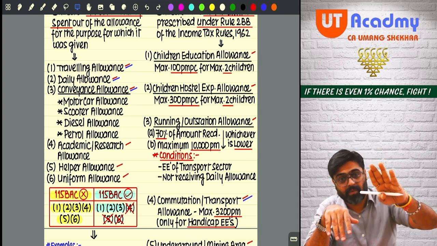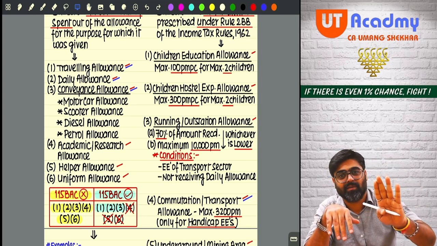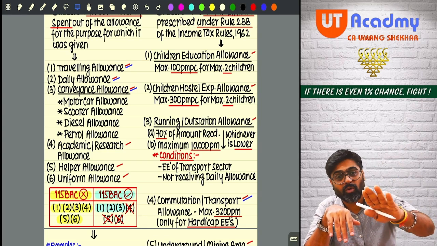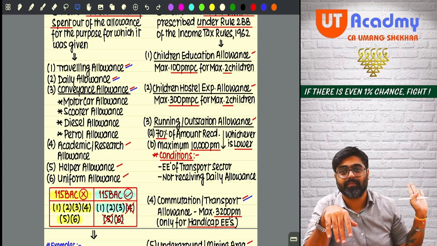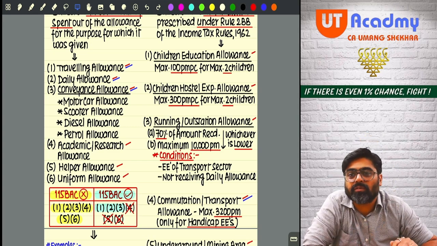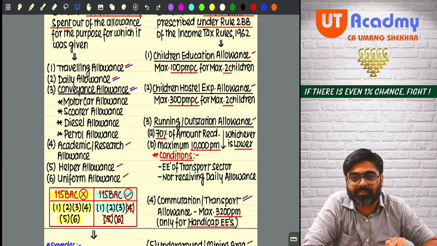So take help on your own. Take a helper so that the helper can help you to perform your duties. And to keep that helper, we are giving you a fixed amount on a monthly basis. That is known as helper allowance.